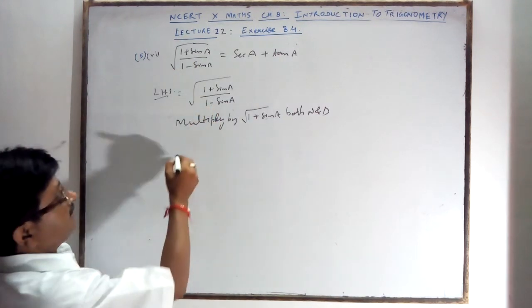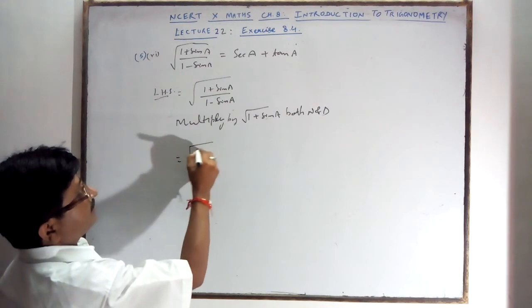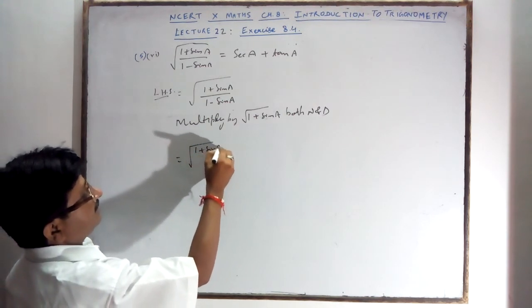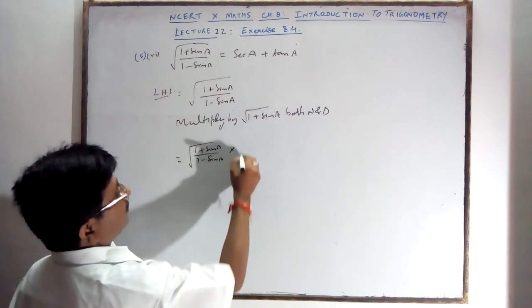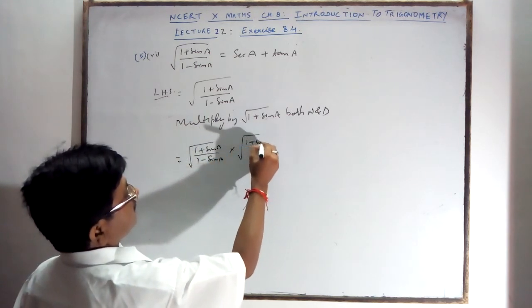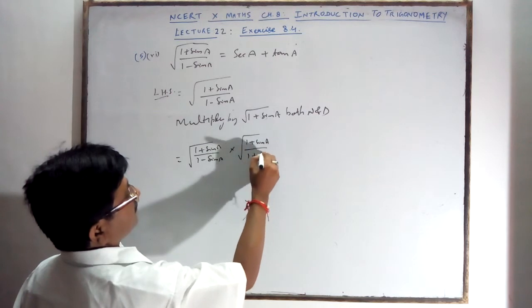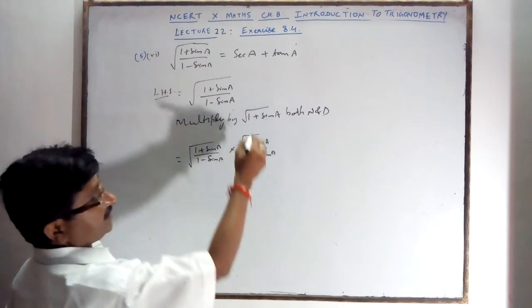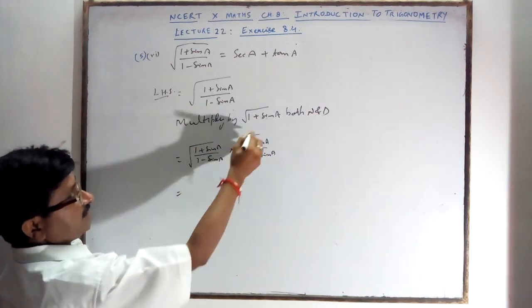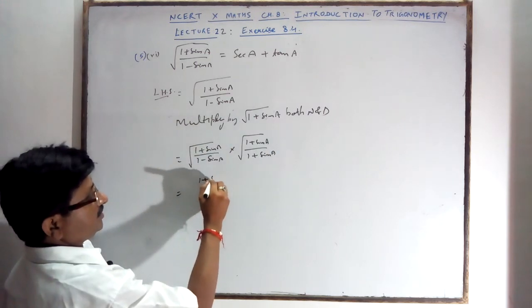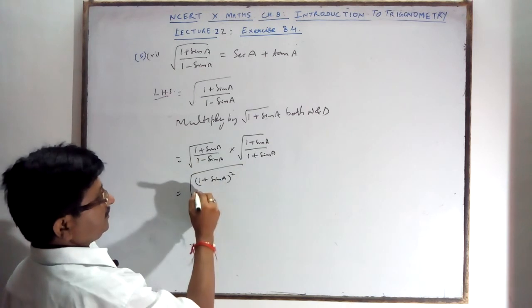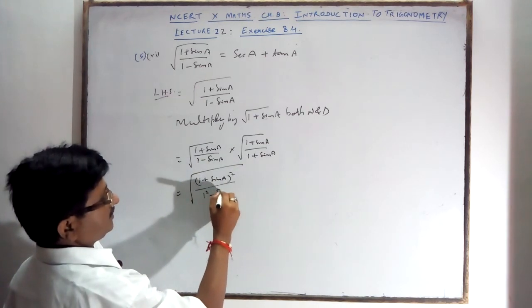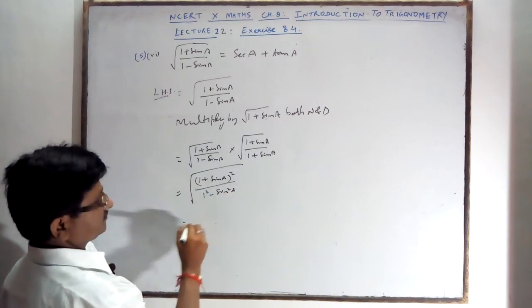So you apply here and you will get 1 plus sin A upon 1 minus sin A into 1 plus sin A upon 1 plus sin A. Because the square root is the same, for the numerator you will get 1 plus sin A whole square, and for the denominator 1 square minus sin square A.